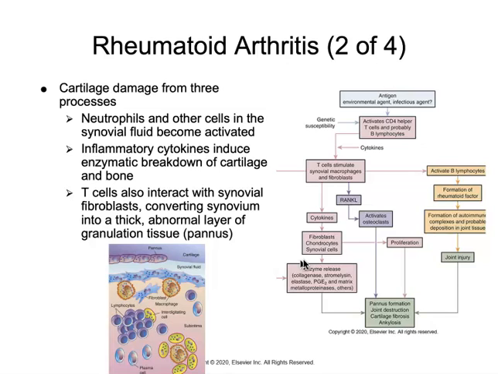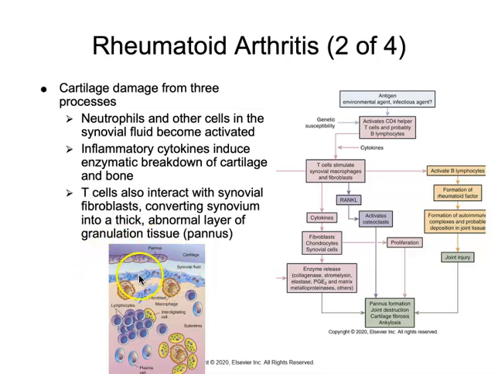So this would include our prostaglandins and the MMPs, or matrix metalloproteinases, and other enzymes that start to degrade our joint tissue. We then see that this is going to cause inflammation to our synovium.